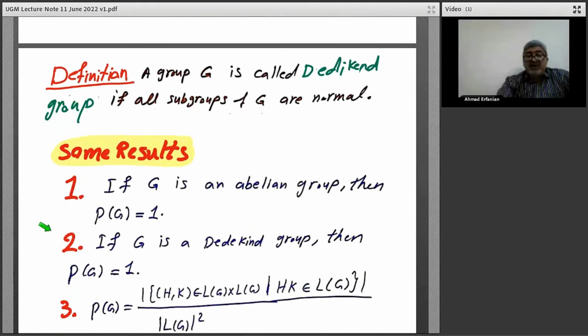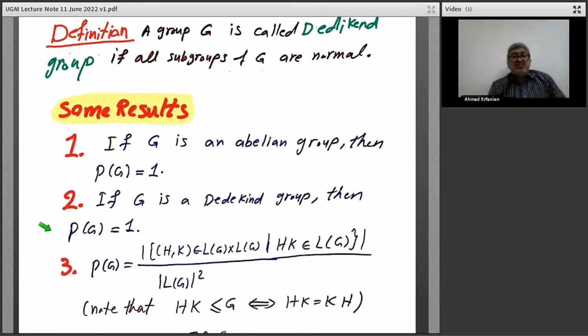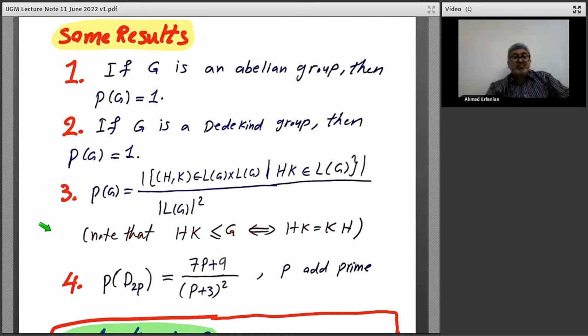Now, as you remember, I defined the Dedekind group. A Dedekind group is a group in which all subgroups are normal. Here are some results for the permutability degree. If G is an abelian group, the permutability degree is 1. If G is a Dedekind group, again the permutability degree is 1.